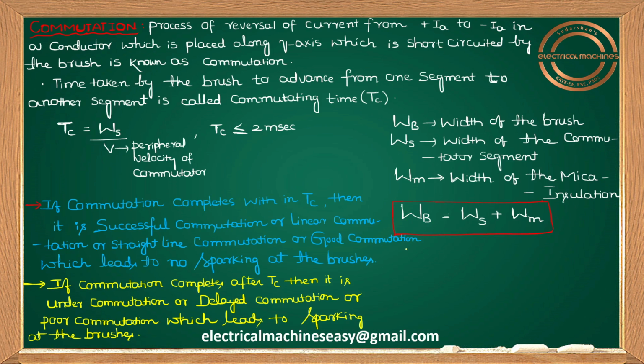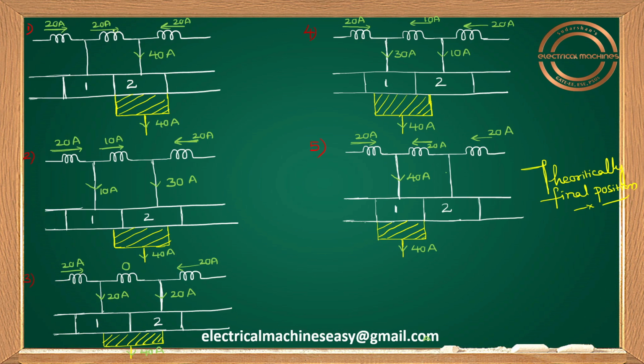Let us see. If you see, guys, let me take this conductor. Here we have brushes, and here some load. Let me take 40 amps as the load current. If more EMF is induced in a particular conductor, you already know these are complete segments: segment number one, segment number two, something like that.